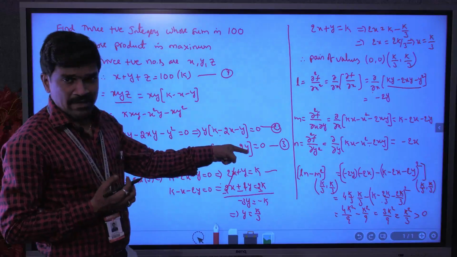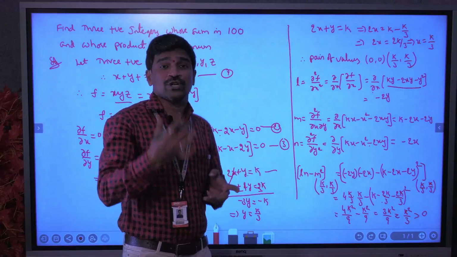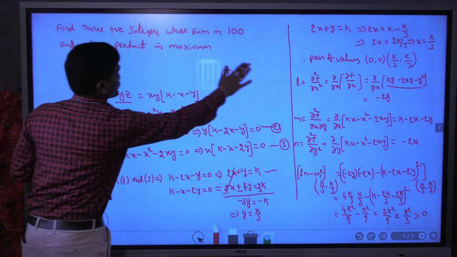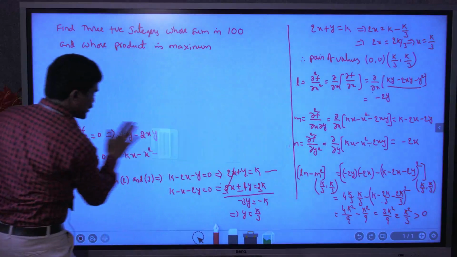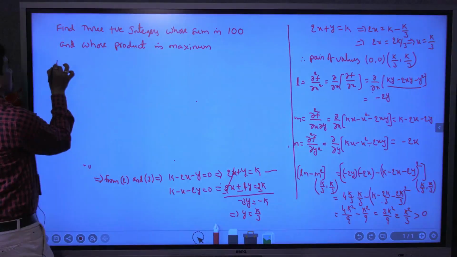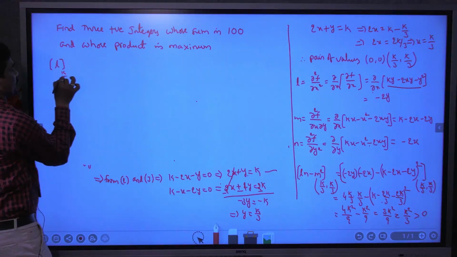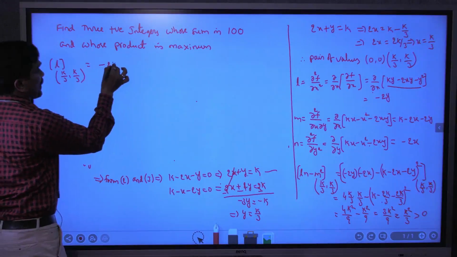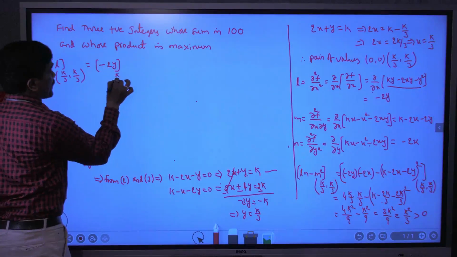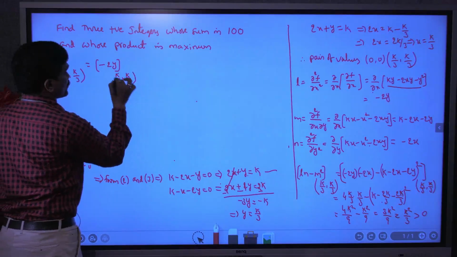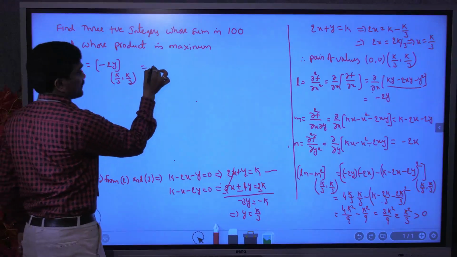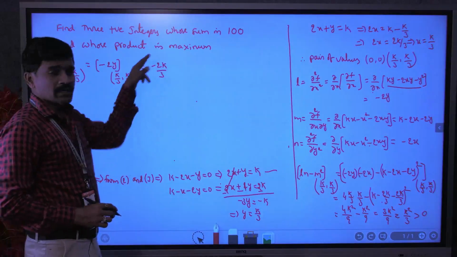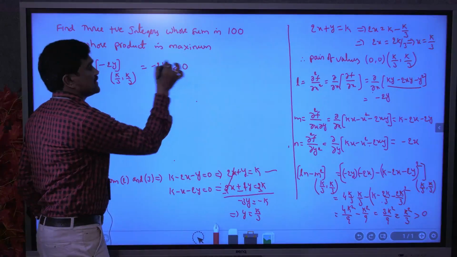When ln − m² is greater than 0, we have to check the L value at the same point. What is L? L is −2y. Here L at the same point (k/3, k/3) is −2y. Substituting y = k/3, we get −2k/3. Since k is positive, L is less than 0.